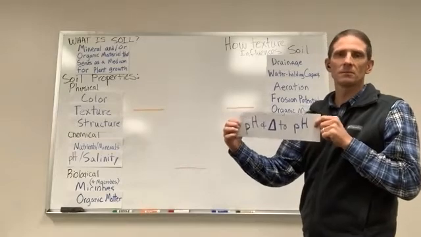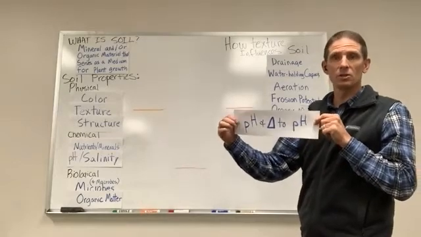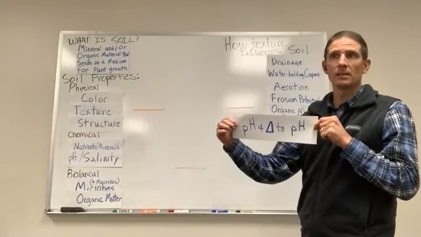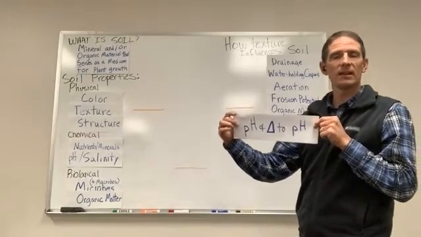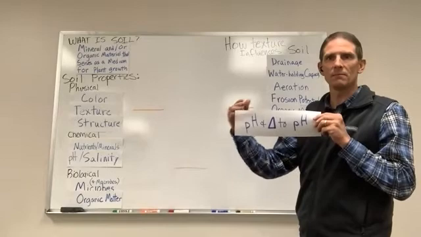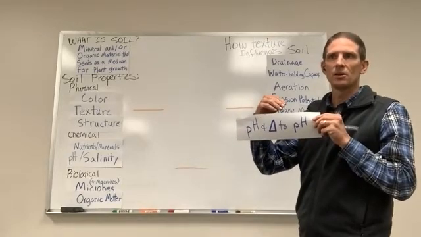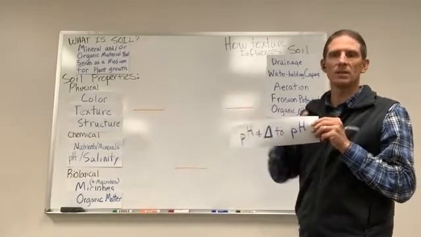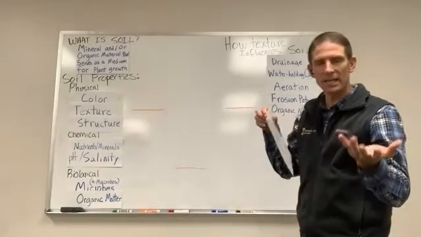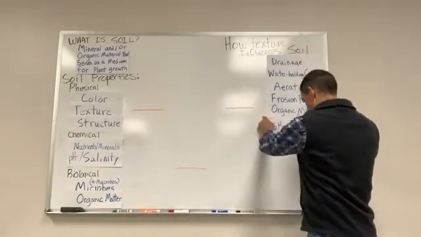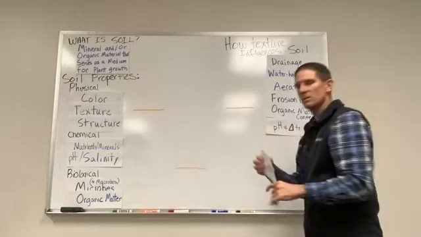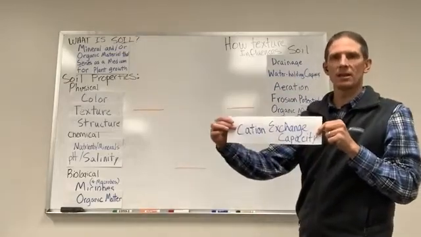Sandy soils tend to be lower pH or more acidic, and they tend to have less buffering capacity, meaning they can't resist changes in pH as easily as compared to a clay soil, which we won't get into much, but that's also related to the cation exchange capacity.